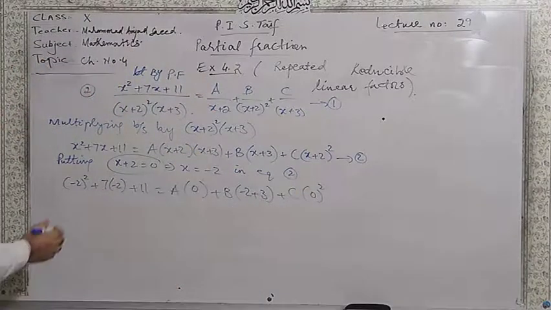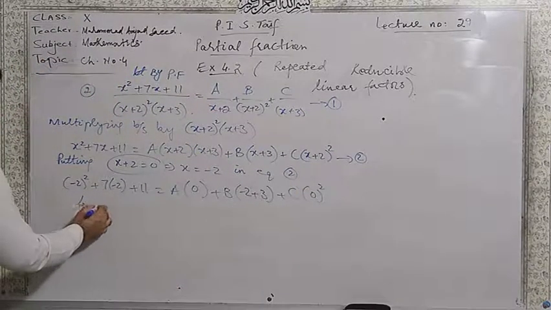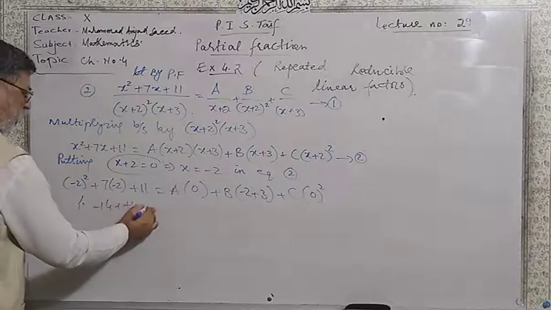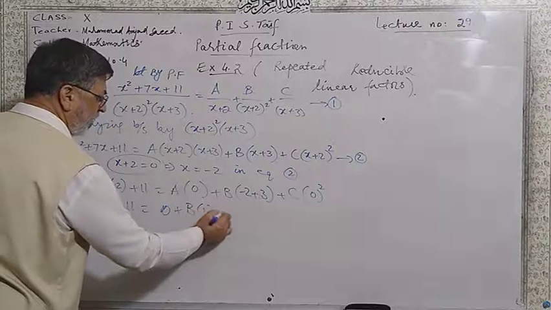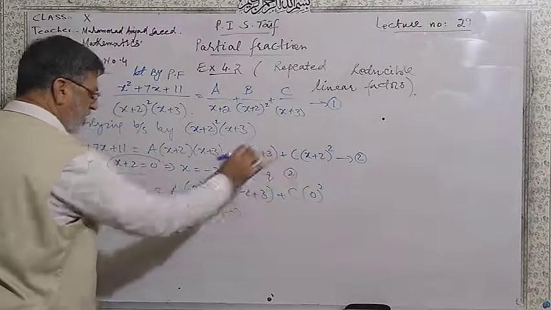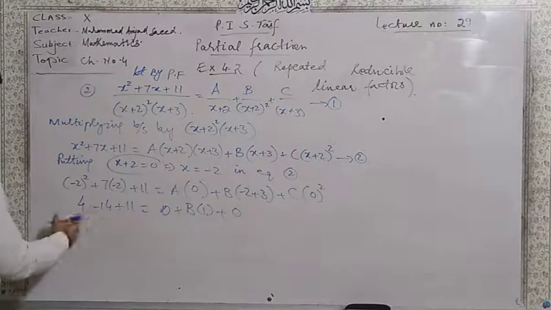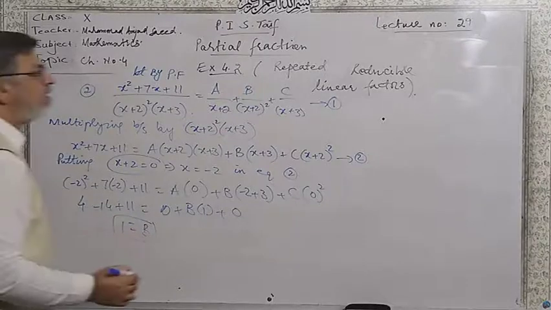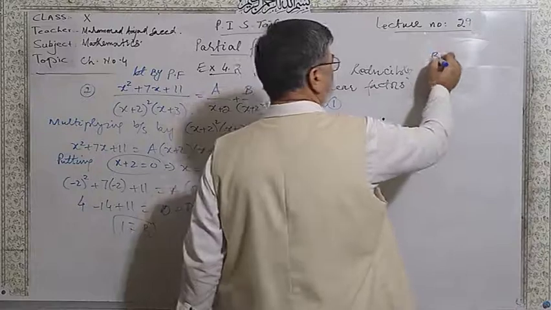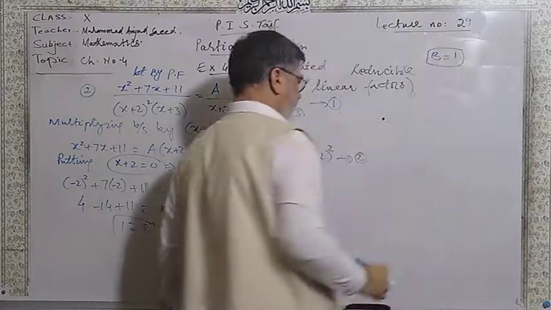Here is 4 minus 14 plus 11, that is 0 plus b into 1 plus c into 0 is 0. 15 minus 14 is 1, so b is equal to 1. Actually we had this value b is equal to 1 last time previously.